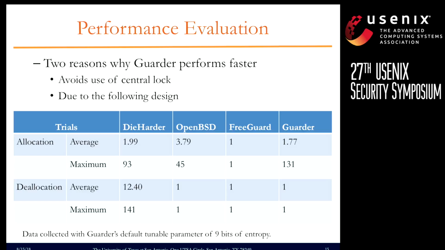And the second reason can be seen in the table, which shows the number of trials needed to perform each operation for these allocators. You can see that while Garder has a larger maximum for allocations, it also has a smaller average. Also due to the design of the deallocation buffer, we have constant time single trial deallocations. And this data was collected with Garder's default tunable parameter of 9 bits of entropy.